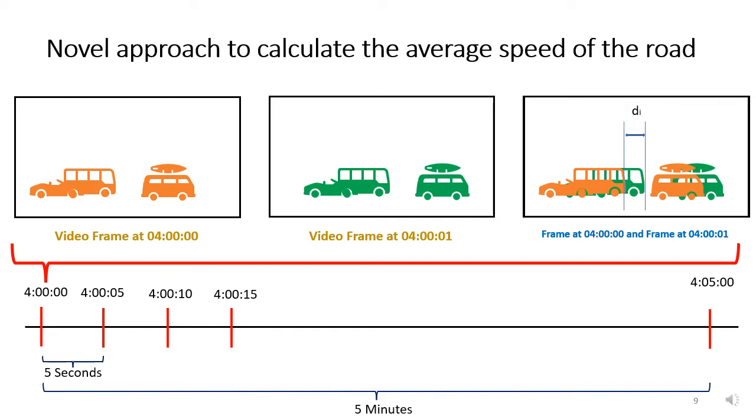By using that method, we can calculate the average speed of the road. Although there can be coinciding vehicles in the video frames, according to this new method that would not affect the accuracy of the speed calculation.